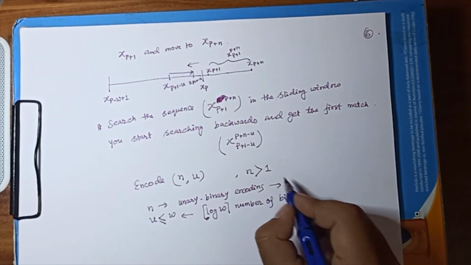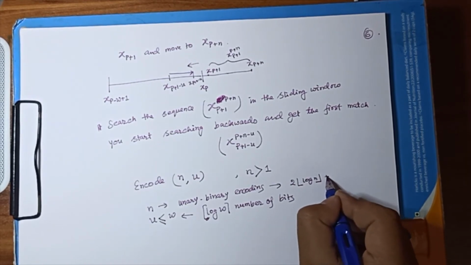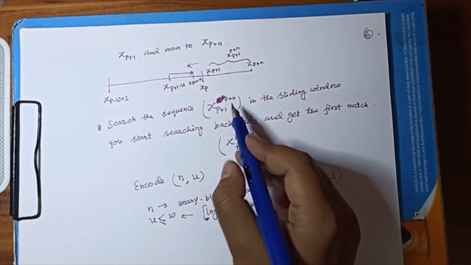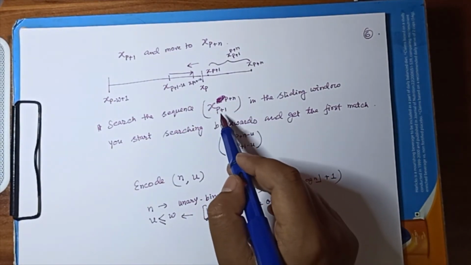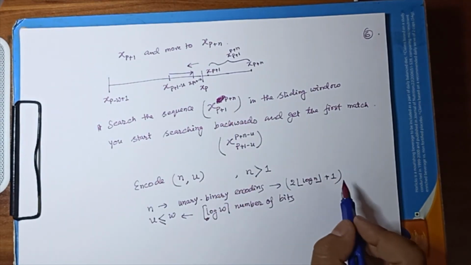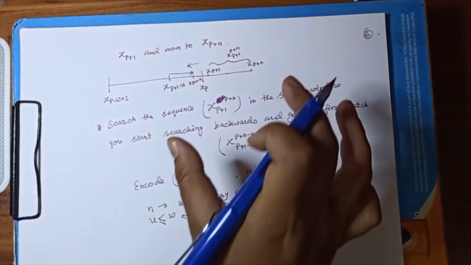And for n, how many bits are required? 2 log n plus 1. So for every chunk of symbols, xp plus 1 to xp plus n, you need 2 log n plus 1 plus log w number of bits to represent that chunk.